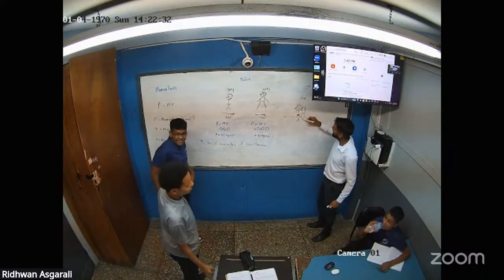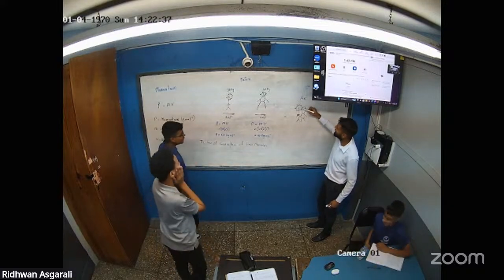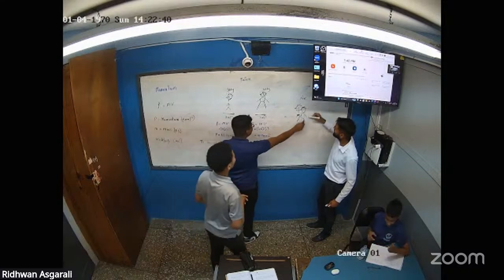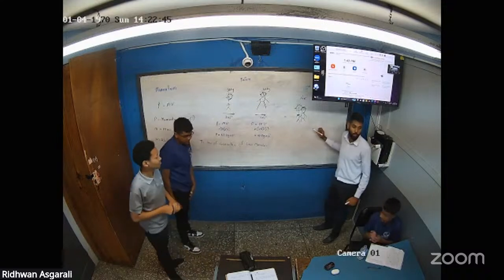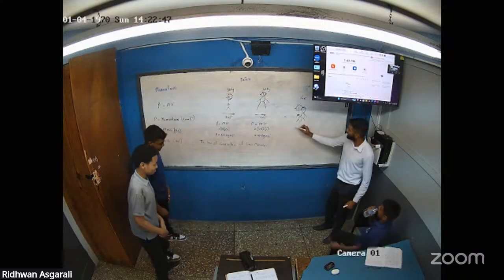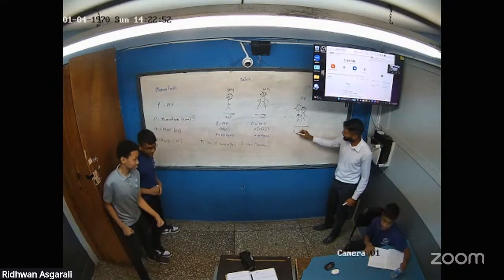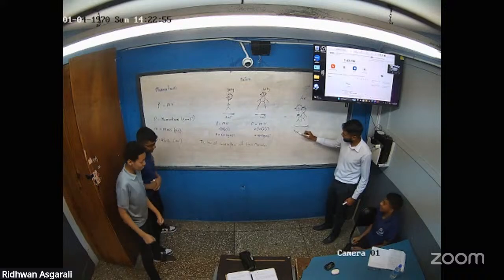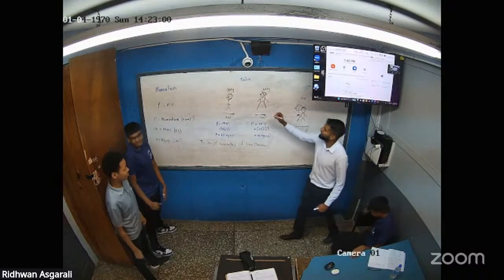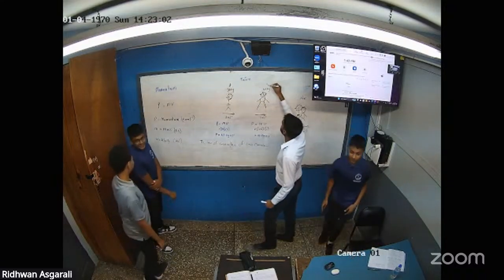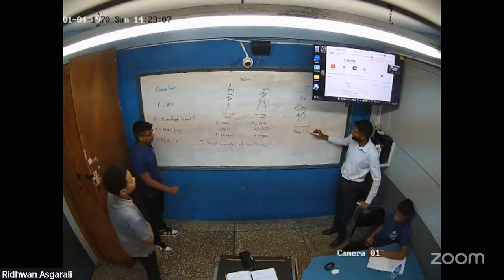So go to the side. Which way are they going? This way, right? And what is the total momentum? I'll just say A and S. The total momentum is the momentum of A plus the momentum of Shaquille.